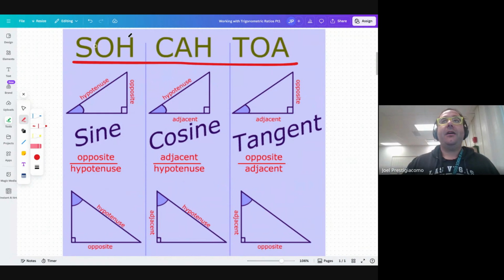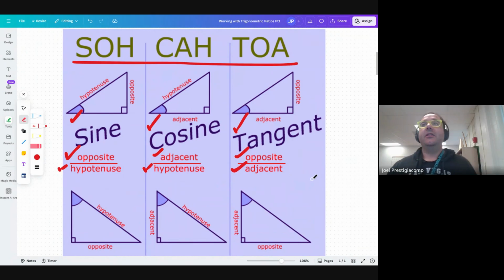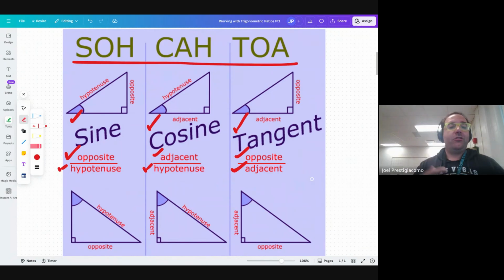SOH stands for sine opposite hypotenuse. CAH stands for cosine adjacent hypotenuse. And TOA stands for tangent opposite adjacent. It's just a way to try and remember which pair of sides go with which one.